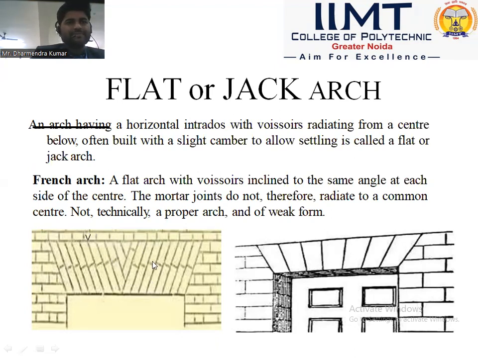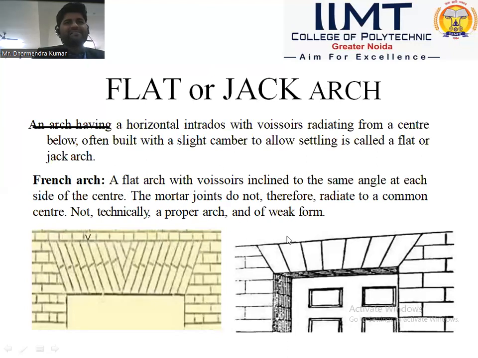window and door. An arch having a horizontal intrados, with the voussoirs radiating from the center below, often built with a slight camber to allow for settling, is called a flat or jack arch. So the second name is flat arch, or French arch.